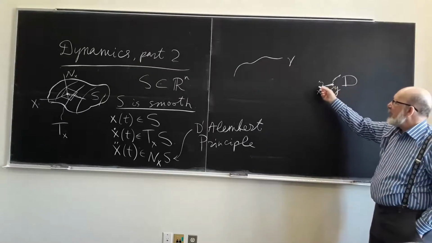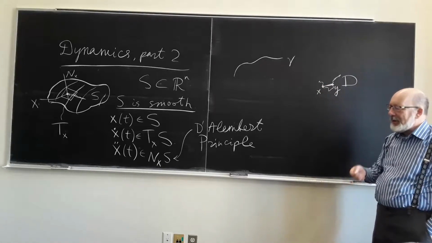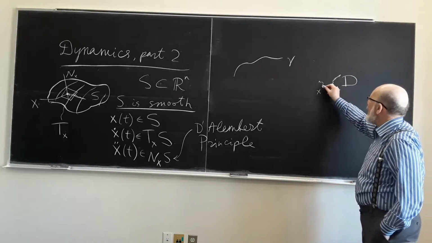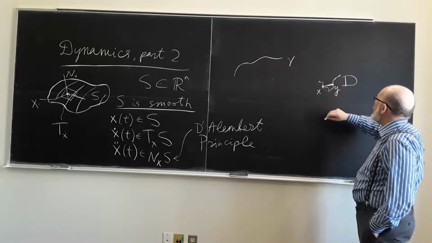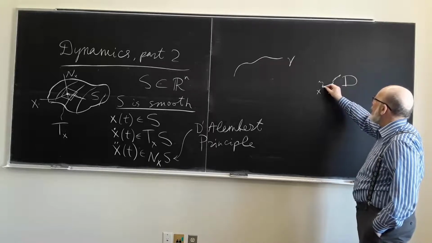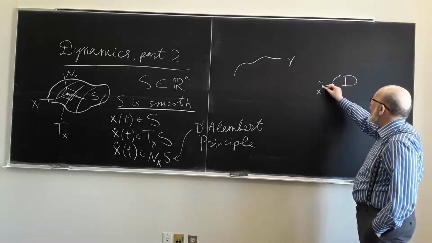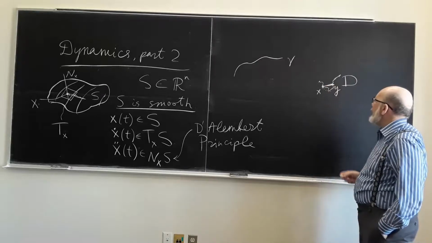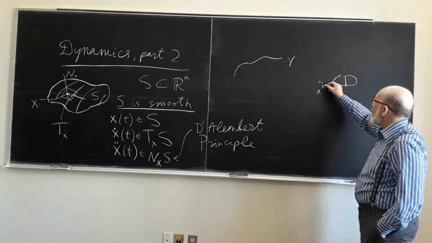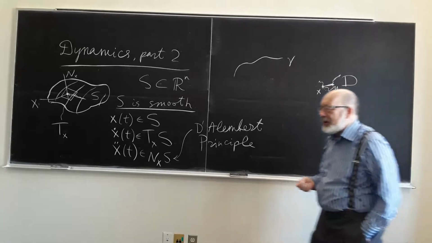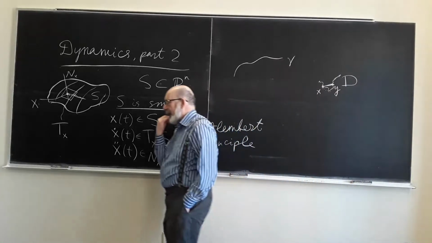So it's the real distance in the ambient space. The other distance: we consider all the curves connecting x and y which go inside this D, take the length of each of these curves and consider the infimum, if this infimum is finite.